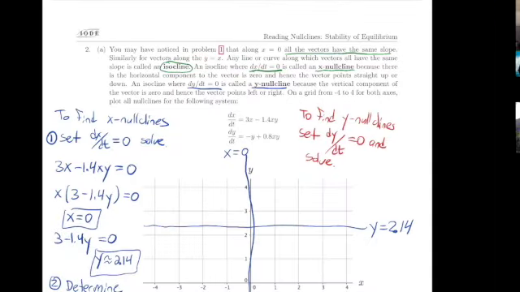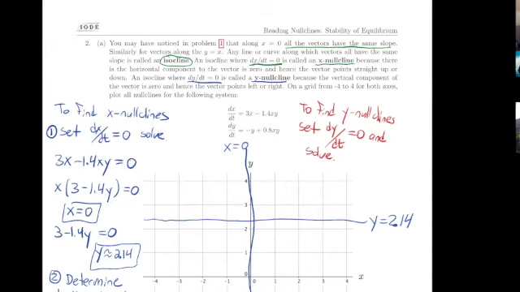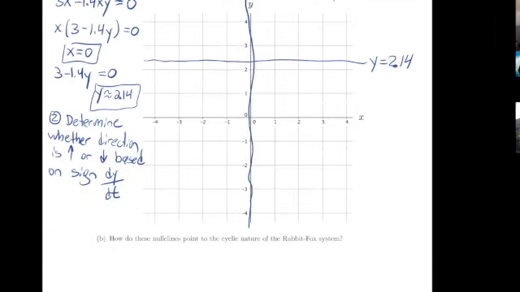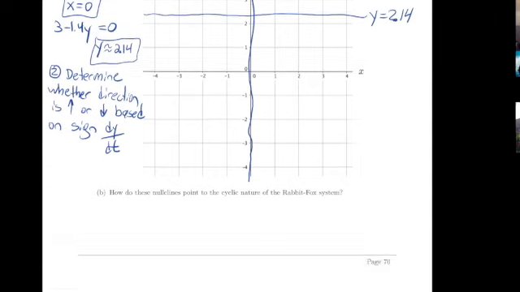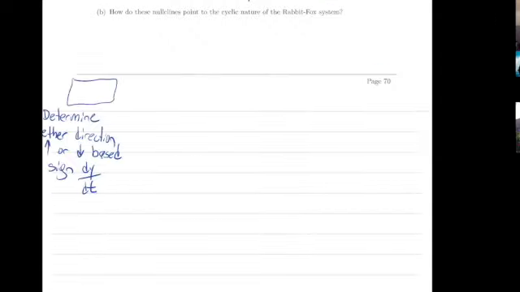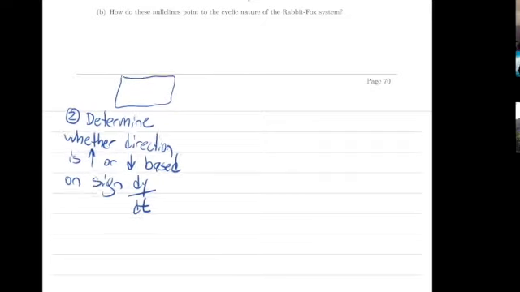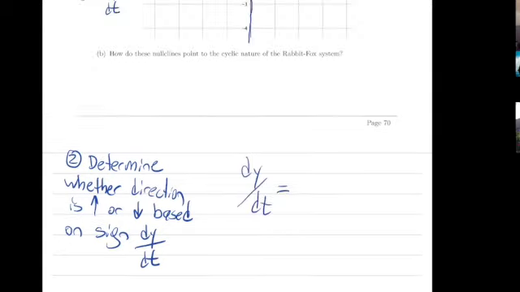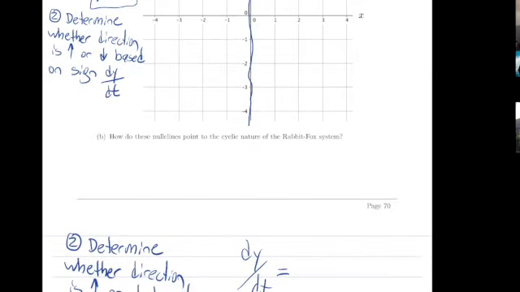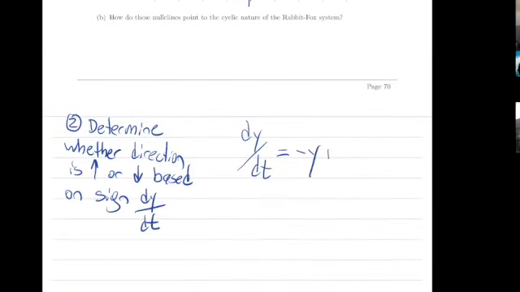Okay, here we go. So let me just do a little bit of scratch work over here. So now we're going to deal with this stuff over here. We had a differential equation dy/dt equal to minus y plus 0.8xy.